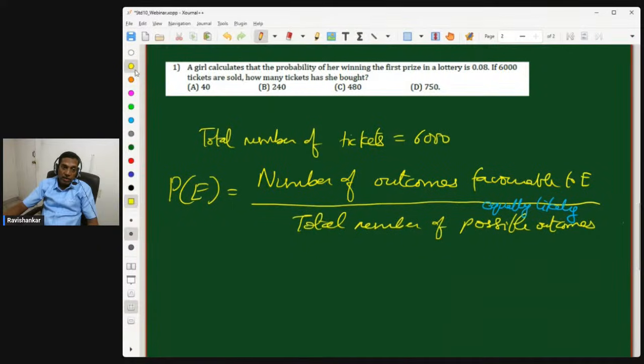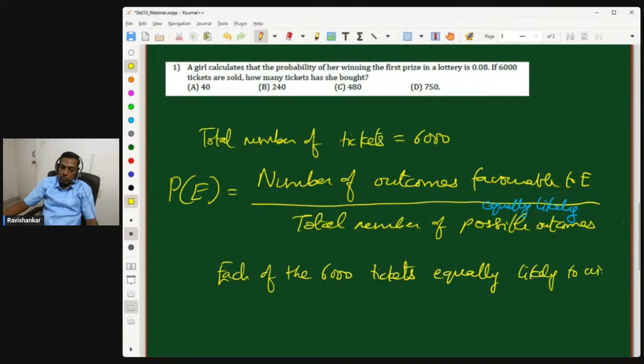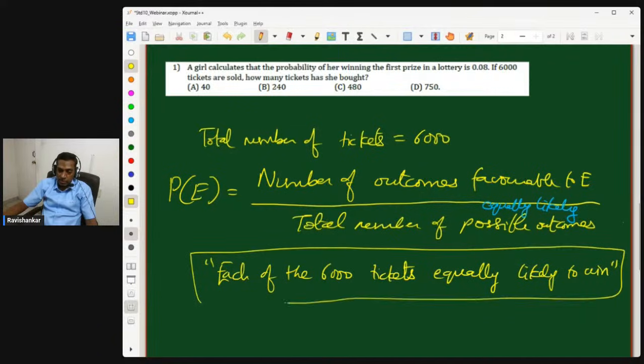Here, the equally likely outcomes are each of the 6,000 tickets. So this is our assumption. It's not stated explicitly, but this is a fair assumption.